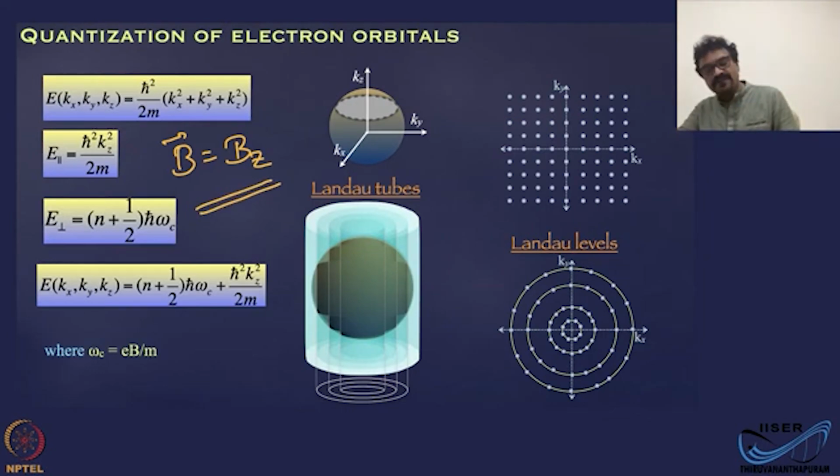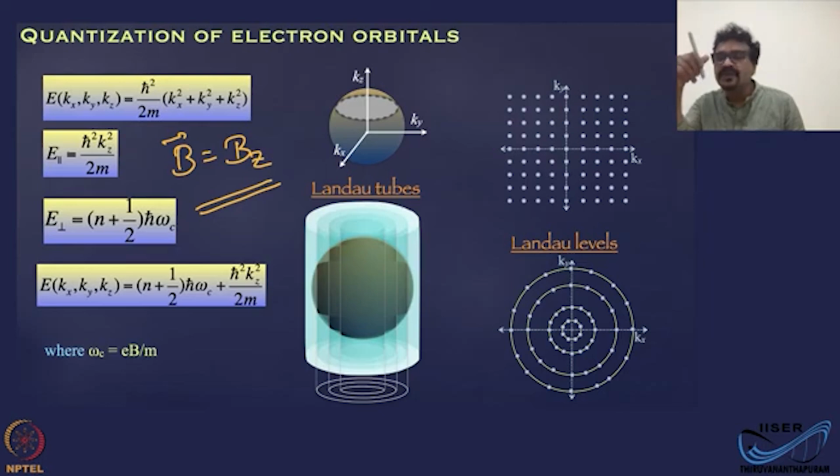Now when you have a magnetic field, you also assume that the electron can undergo cyclotron motion without undergoing any collisions. That means the material is clean with enough mean free path, and there are not any scattering events when it undergoes the cyclotron motion.